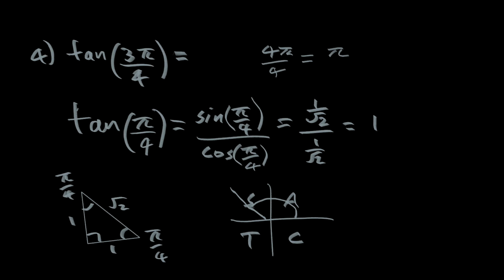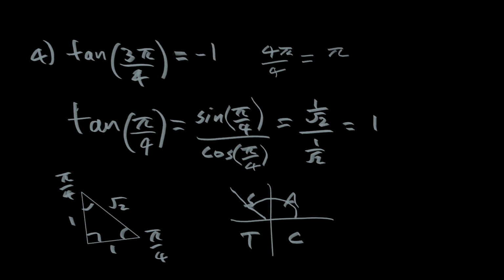So I'm not too concerned if, for instance, pi on 3 is really up here somewhere, and I draw it like that. That's fine. I just want to get it in the right quadrant. So I can see that 3 pi on 4 resides in the sine positive quadrant, so tan must be negative in that quadrant, and my answer must be -1.